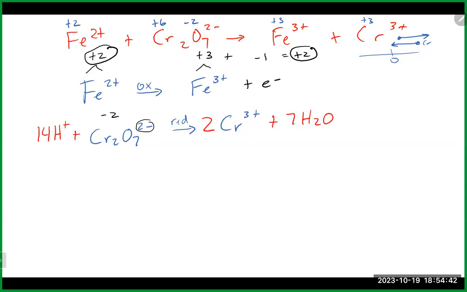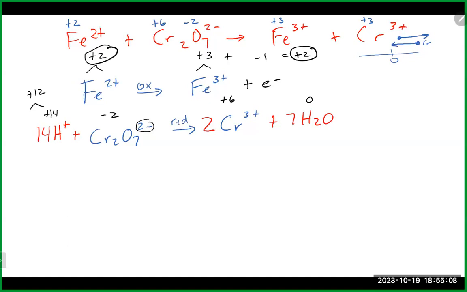I got 14 +1s here, which gives me a +14 happening there. 14 and -2 gives me a grand total of a +12 on the left-hand side. Right-hand side, I have 2 times +3, which is +6, and water is 0, right? So basically I got a +6 on the right, a +12 on the left.